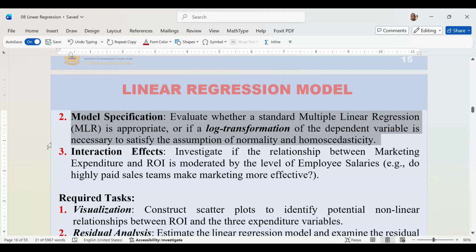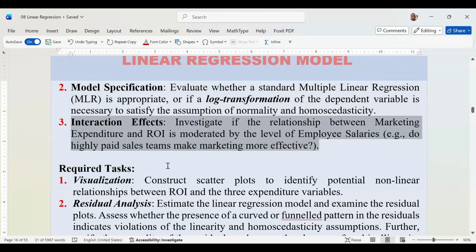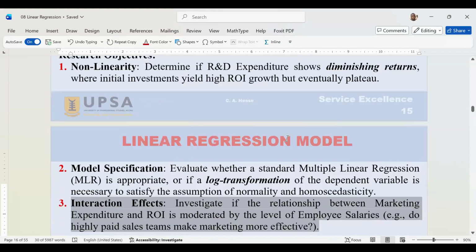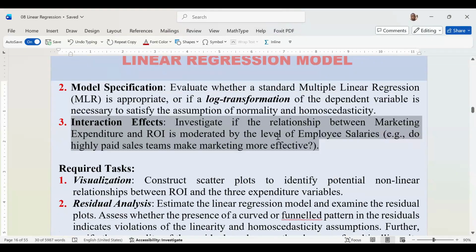We evaluate whether a standard multiple linear regression, MLR, is appropriate, or if a log transformation of the dependent variable is necessary to satisfy the assumptions of normality and homoscedasticity. Investigate if the relationship between marketing expenditure and return on investment is moderated by the level of employee salaries. For example, do high-paid sales teams make marketing more effective? So this could be a research objective for such variables.